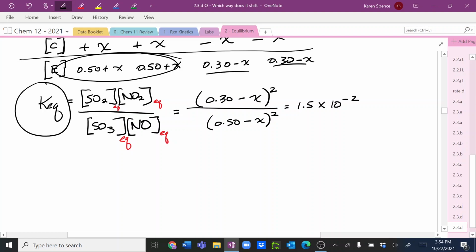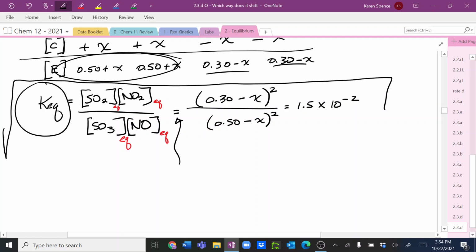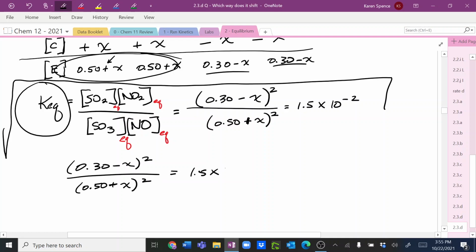That makes me a little unhappy because now, in order for this equal sign to still be equal, if I want to square root everything, I'm going to have to put a square root sign over everything. So rather than doing that, I'm actually going to rewrite. I could have saved this by drawing this on a second line. 0.30 minus x squared over 0.50, plus, look, I wrote minus, and that's a plus, plus x squared is equal to 1.5 times 10 to the minus 2.